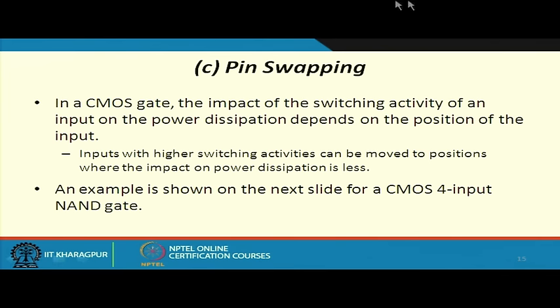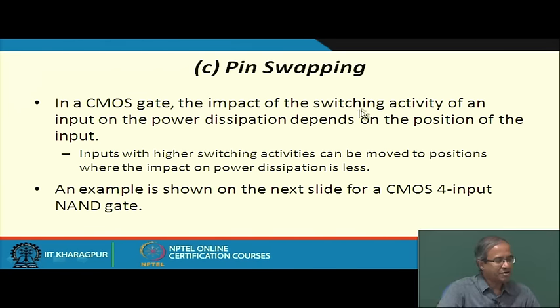But in fact, in CMOS this does not always happen. This is interesting. Here we say that the impact of the switching activity of a gate input with respect to power dissipation depends on the relative position of the input. So, now we have another design flexibility or parameter. We can put the higher activity nodes to the inputs whose impact on power dissipation is the least.